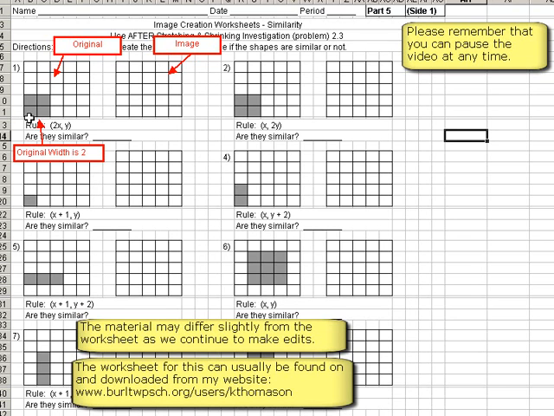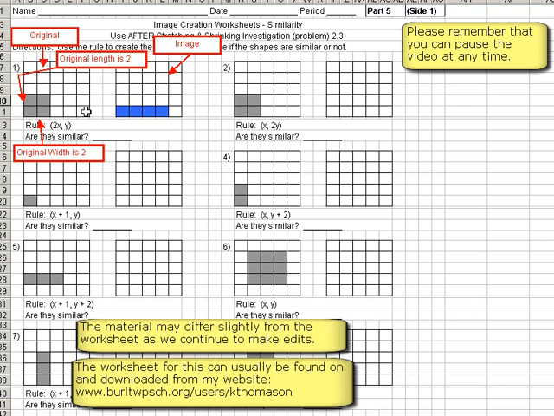So as we can see here, the width of the original shape is 2, so this is 2 wide. And the rule is telling us to multiply the original width by 2. So 2 times 2 will make the shape 4 wide. We know that so far.